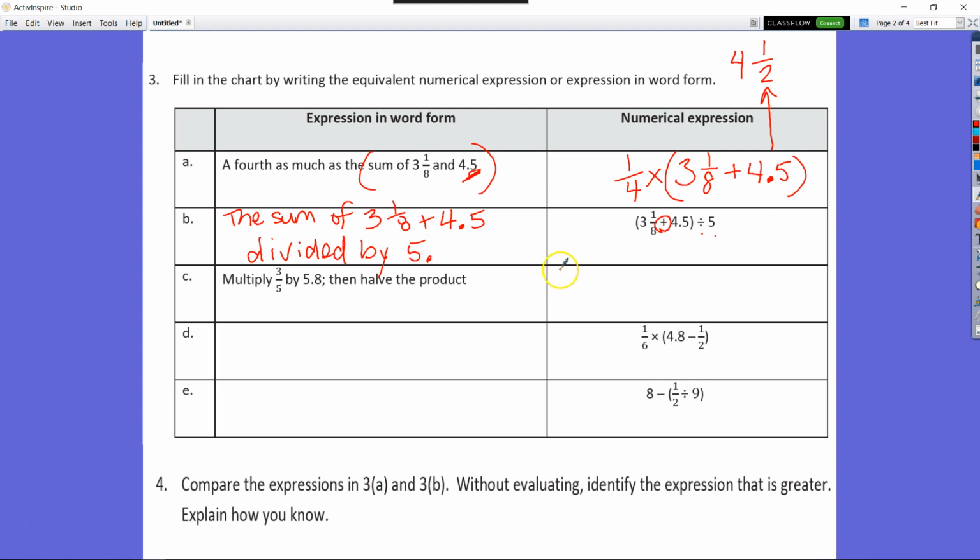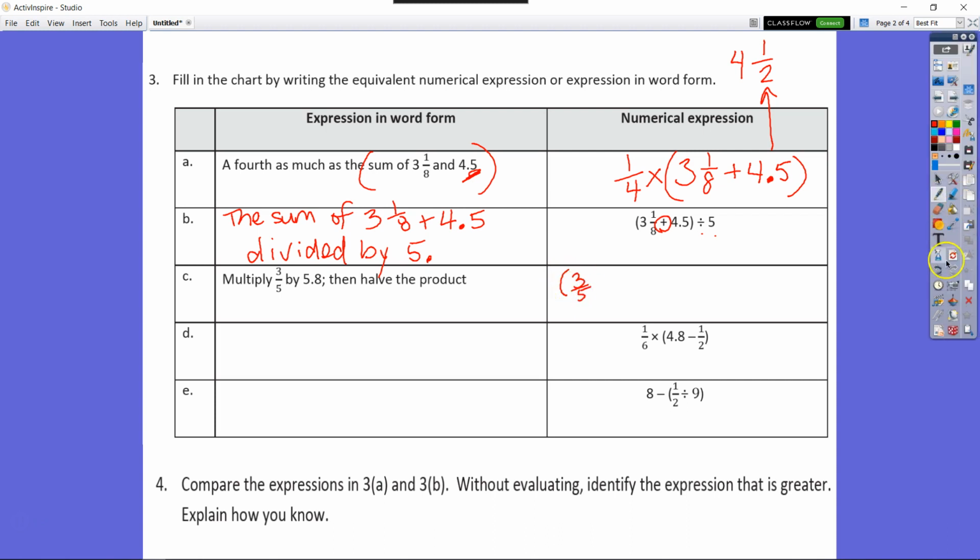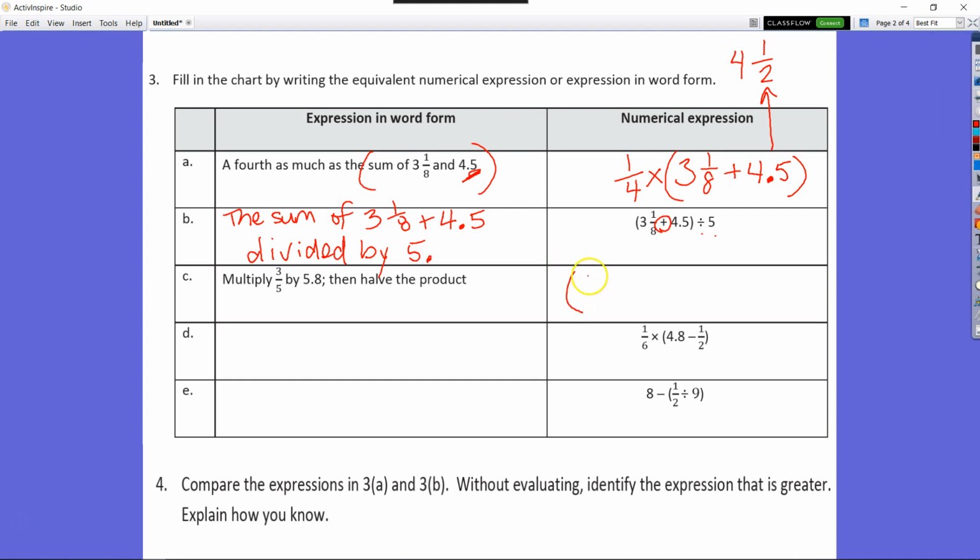I probably will write it this way first. 3/5, and go ahead and make those parentheses a little bit bigger. 3/5 times, it says multiply the two numbers, 3/5 times 5 and 8/10, divided by 2.